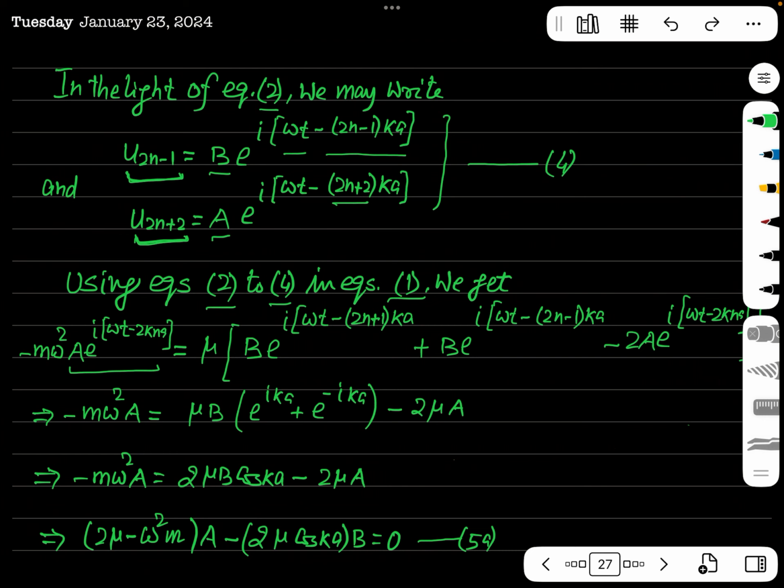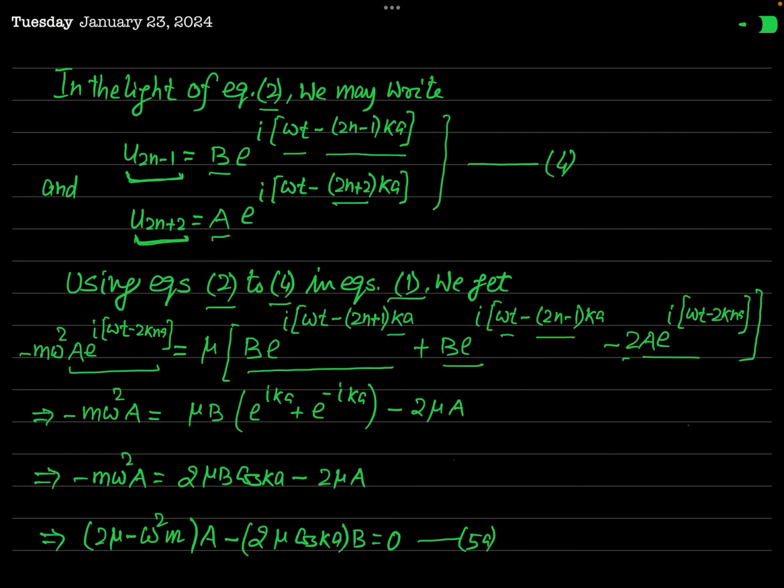You can see this is b times e to the power i(omega t minus (2n plus 1)ka), plus b e to the power i(omega t minus (2n minus 1)ka), and here there is 2u2n, and this a e to the power i(omega t minus 2kna) has been written in place of u2n.